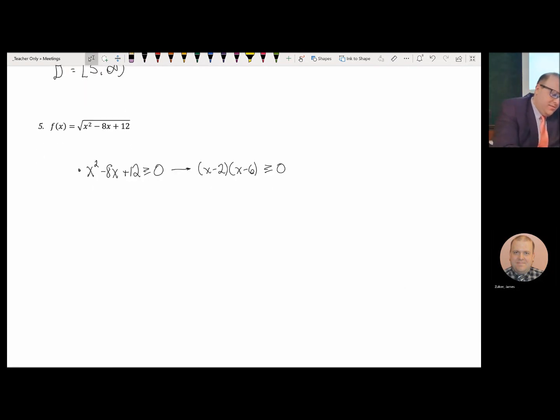Breakpoints. x equals 2 and x equals 6. Those are our two breakpoints.